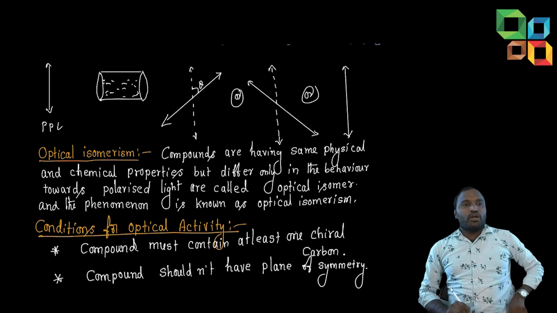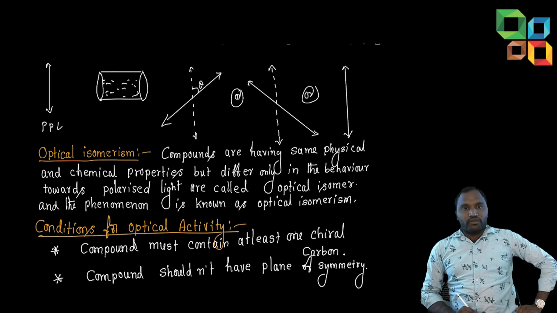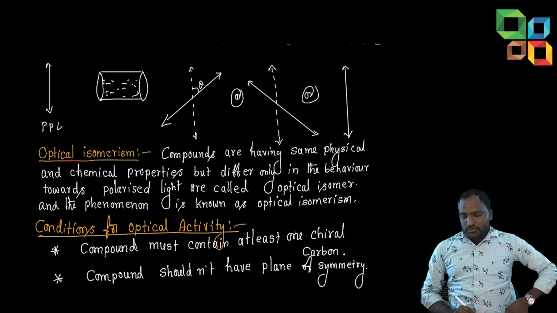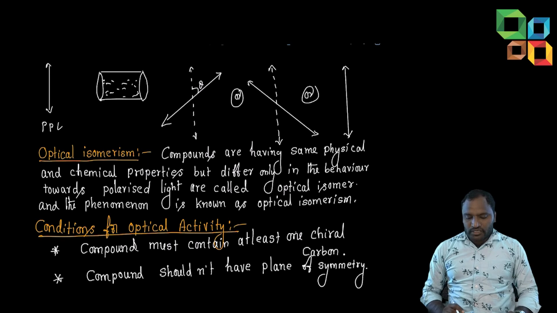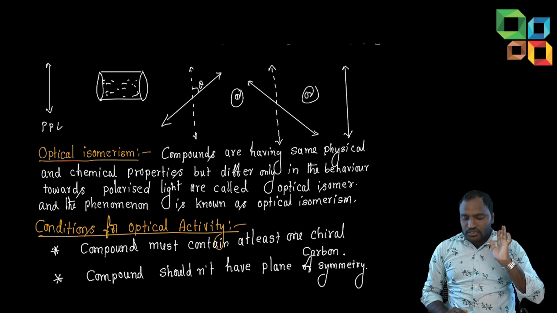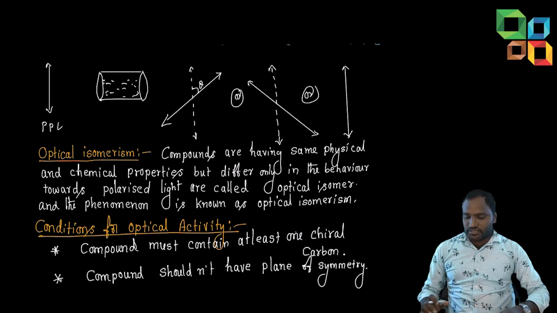These are the two main conditions. I will explain one by one. What is chiral carbon? What is plane of symmetry? There are two conditions mainly to exhibit optical isomerism. One is the compound must contain at least one chiral center. The second one is the compound shouldn't have a plane of symmetry.